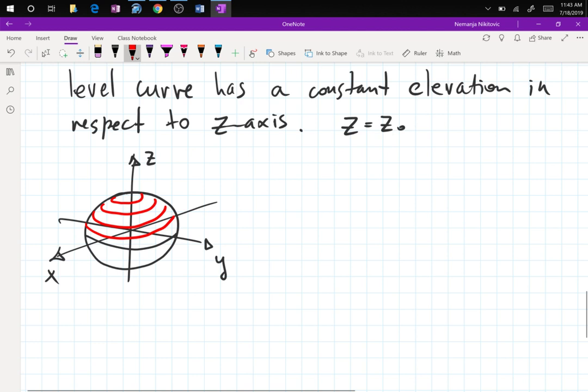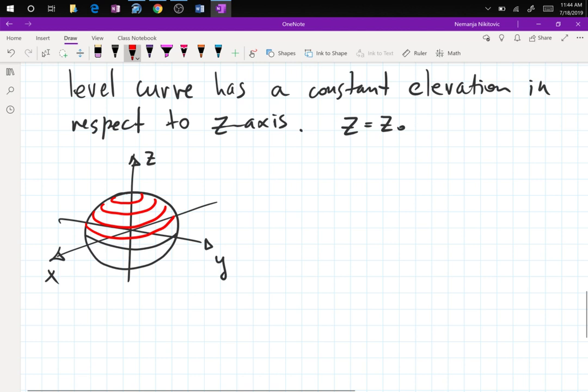Let's say the black line here is the equator. That's where the ball is the fattest, right? Because the ball is a single point on top and gets fatter, fatter, fatter. And the equator is where it's fattest, and then it goes skinnier, skinnier, skinnier, and then at the south pole is a single point, right?